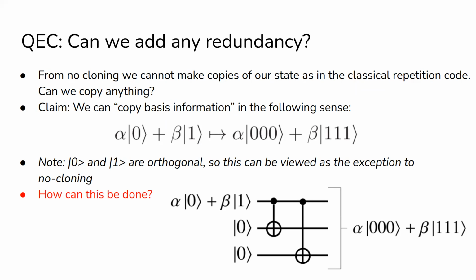I use green because green is good and red is bad. So for example, what are the other ones? 0, 0, 1, 0, 1, 0, etc. 6 more. These are the error states.